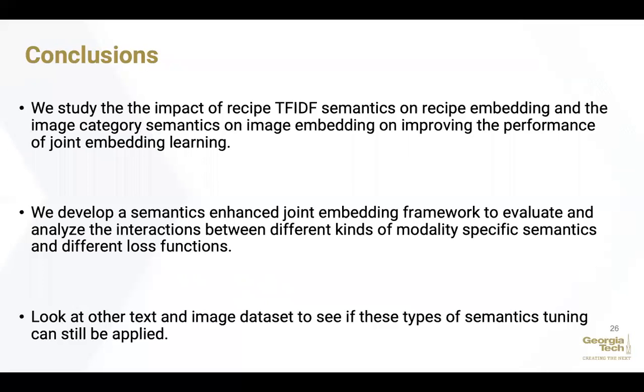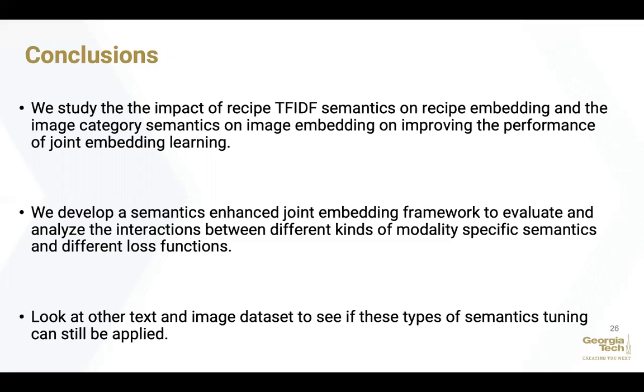The image category semantics are leveraged to align the image embedding closer to the matched recipe embedding in the common latent space. And the category assignment algorithm is improved in NSJE to generate category semantics with higher quality, which is incorporated in the joint embedding optimization.